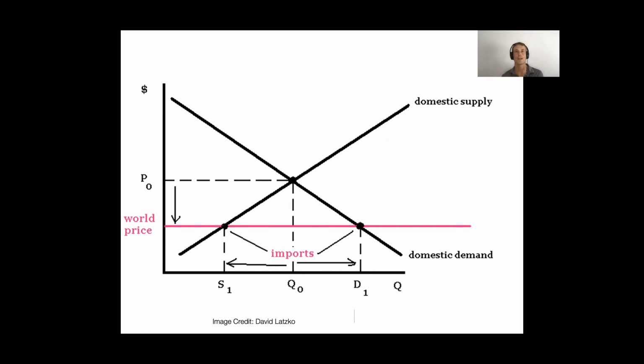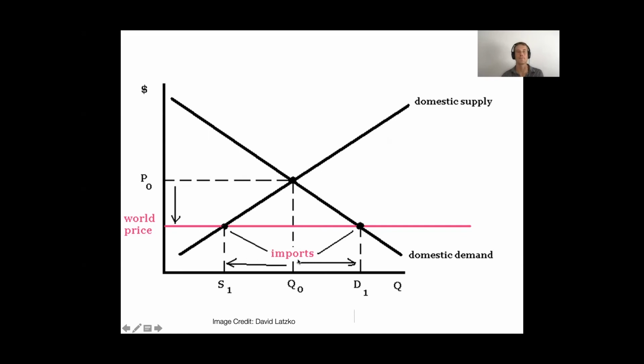We're just limiting imports. So you can think about it as limiting the distance between domestic supply and domestic demand. The price that's paid domestically is going to settle at a place where we've limited this gap.